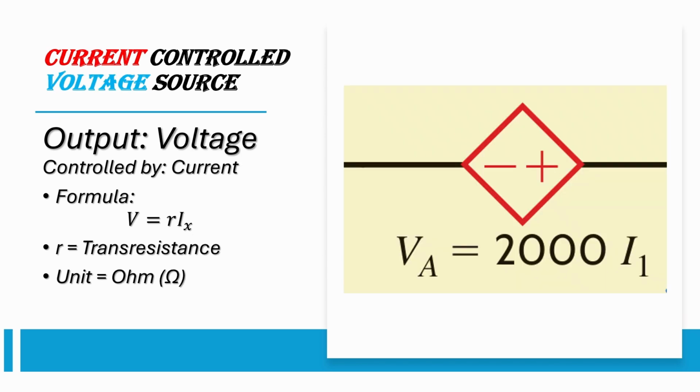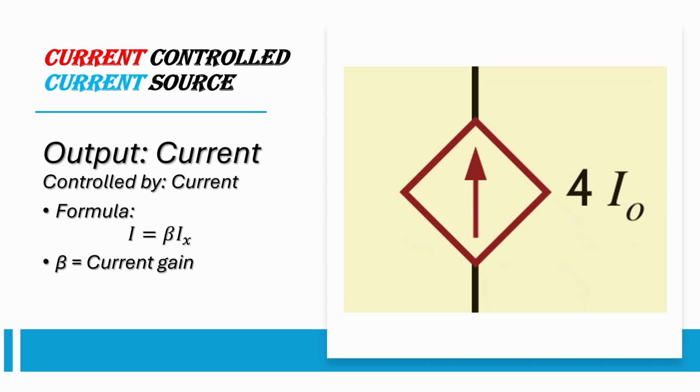Then we have the current-driven versions. The current-controlled voltage source, or CCVS, outputs a voltage based on a controlling current. The scaling factor here is called transresistance, measured in ohms. Finally, there is the current-controlled current source, or CCCS.